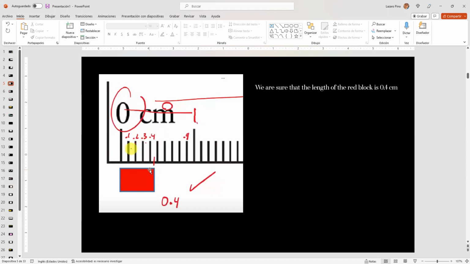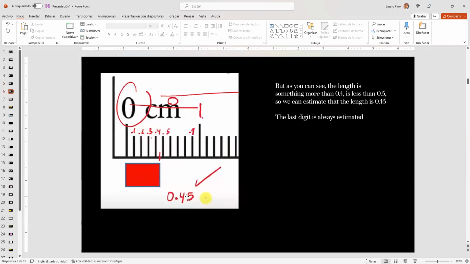So if we have here a block, you can be sure that 0.4 is the length of this block. Oh, but it's something else more than 0.4. This edge is between 0.4 and 0.5. So you can estimate that it is 0.45.